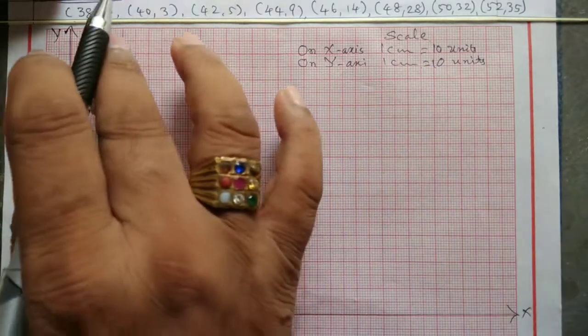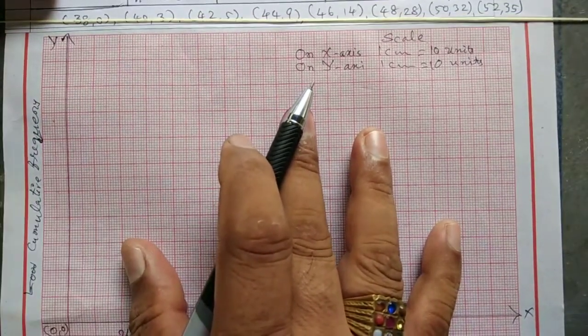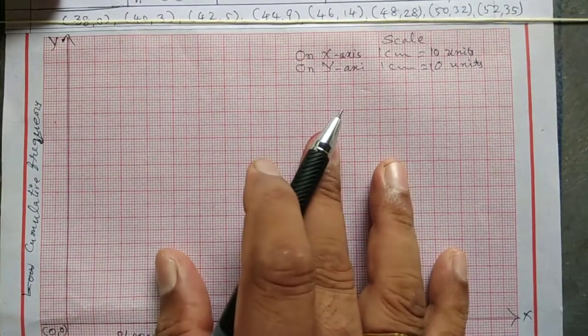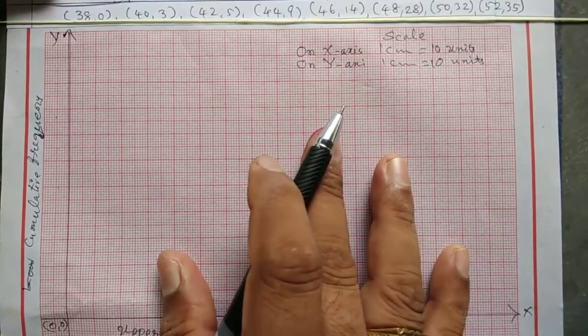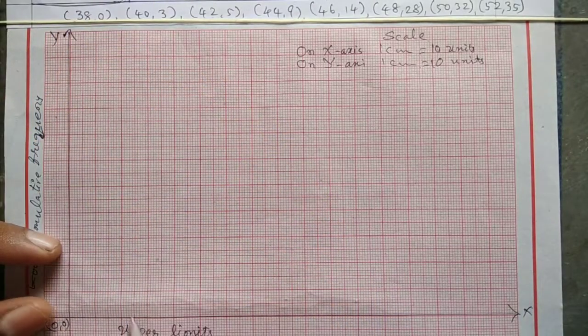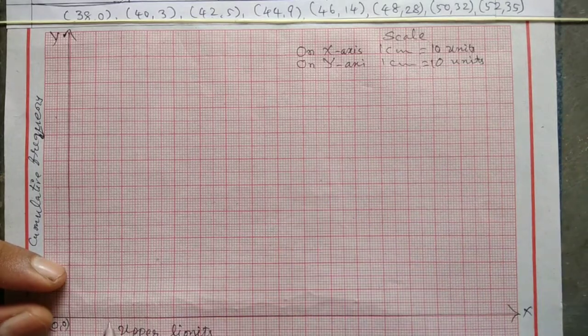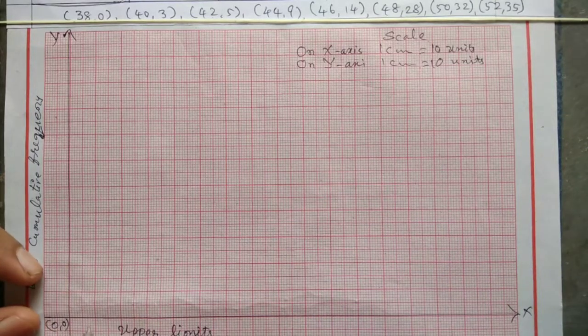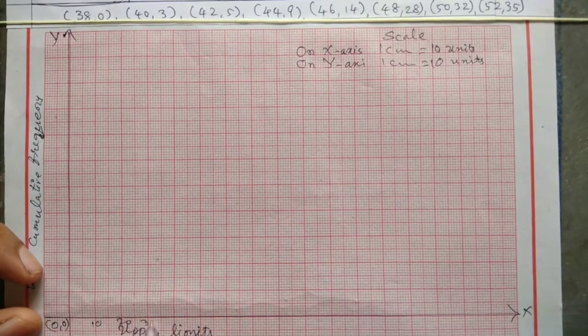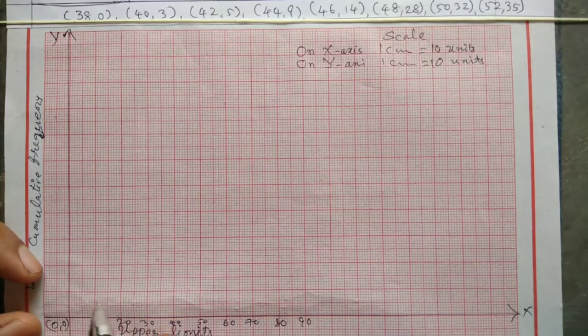Based on these points, now we can plot. We have to plot these points on the graph. First we have to indicate the scale, 10 units: 10, 20, 30, 40, 50, 60, 70, 80, 90, 100.